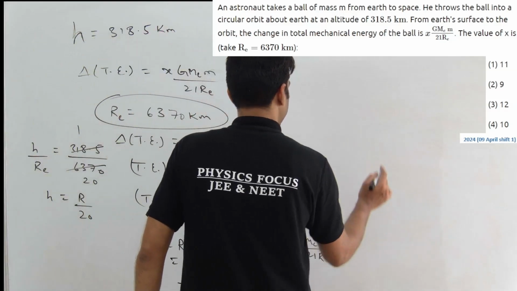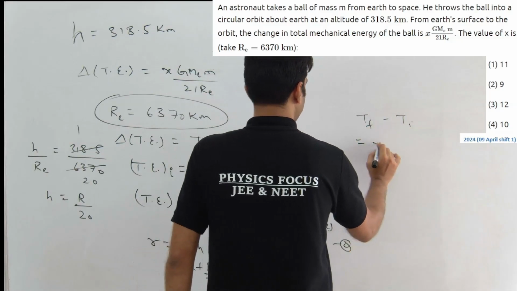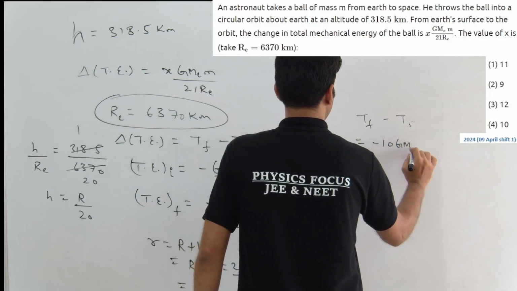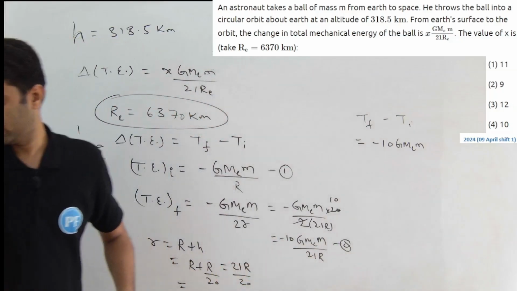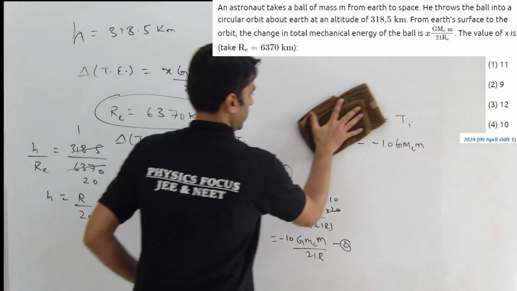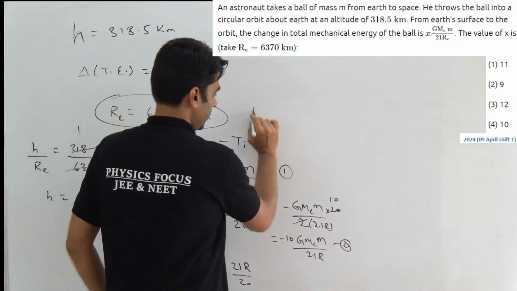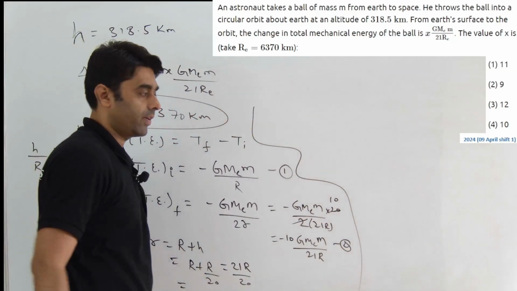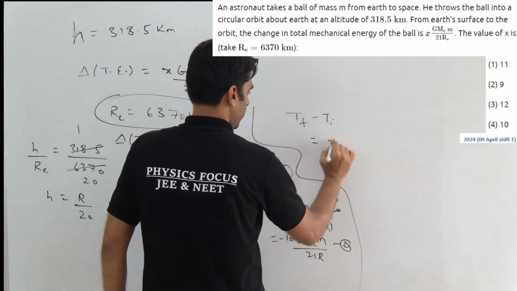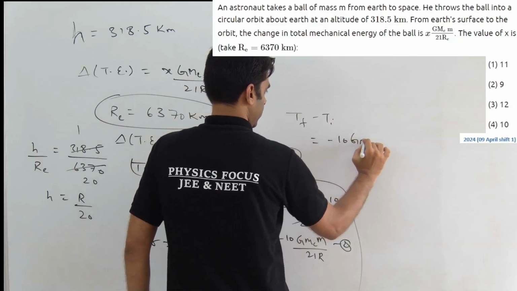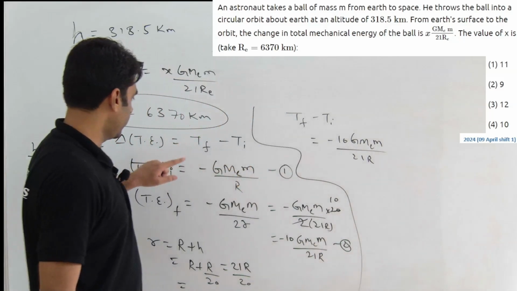Second, let's do final minus initial. The change we can write as T final minus T initial, which will be minus 10 GMEM by 21 R, minus of minus plus.